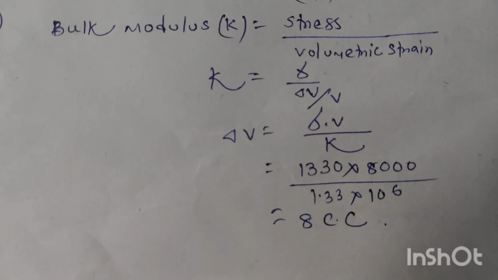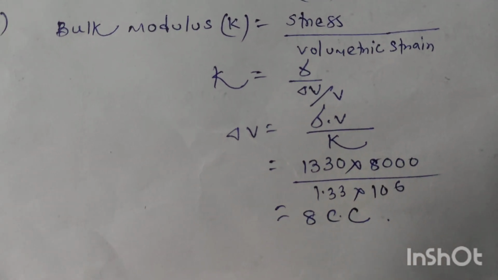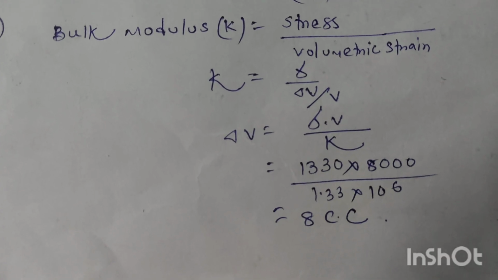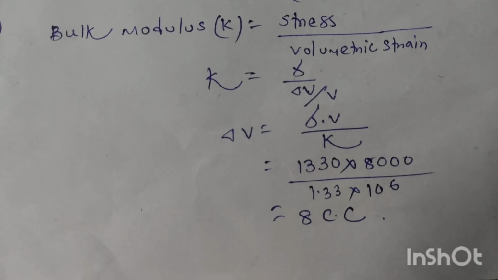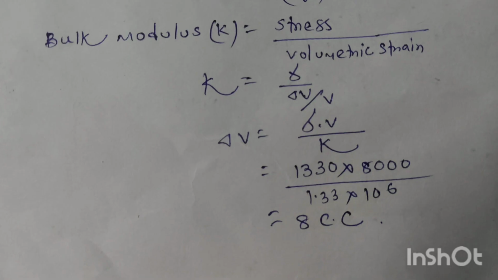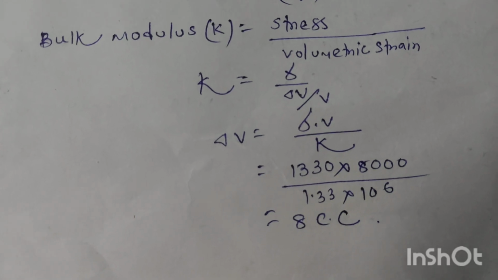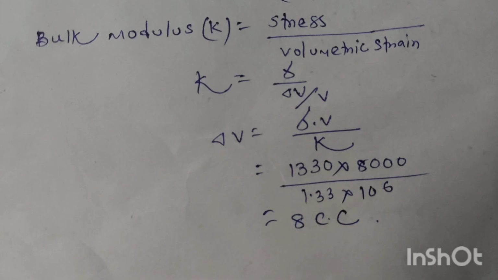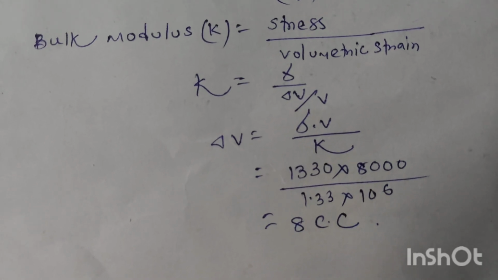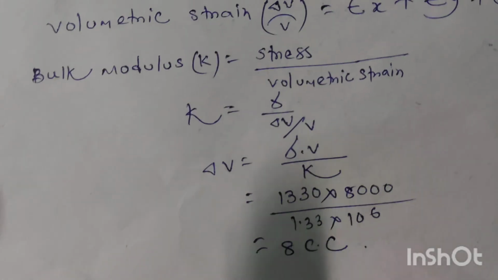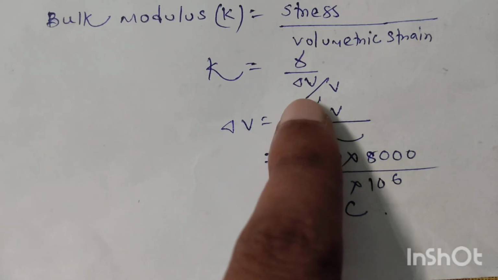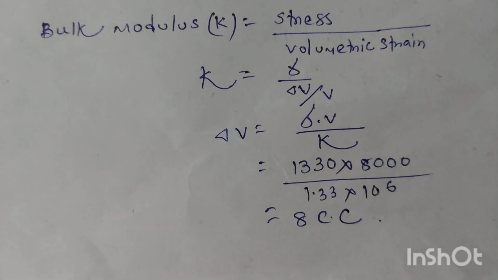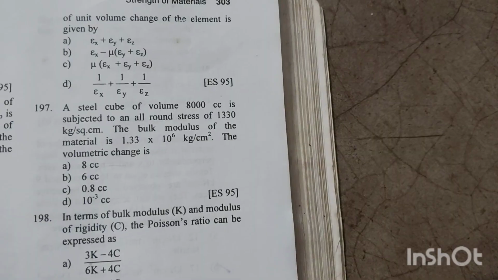So volumetric strain means del V by V, and we have the bulk modulus equal to 1.33 into 10 to the power 6 kg per centimeter square, the volume of the cube equal to 8000 cc, and the stress equal to 1330 kg per square centimeter. By putting these values into this formula, del V will be equal to 8 cc. A is the right answer.